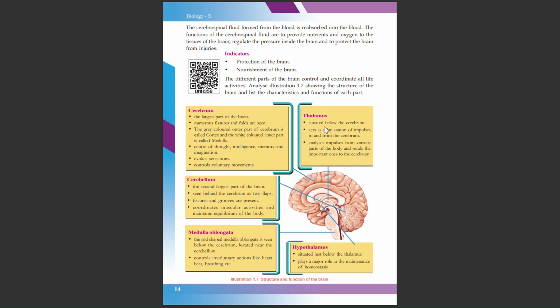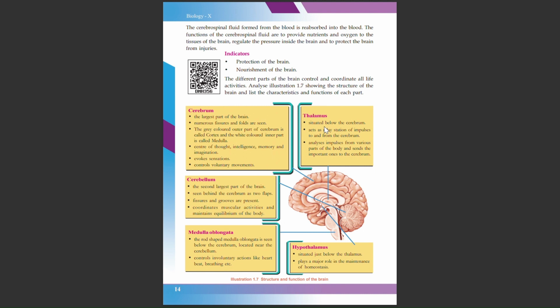Cerebellum coordinates muscular activities and maintains equilibrium of the body. Maintaining the equilibrium of the body is the main function of the cerebellum. And then comes thalamus.